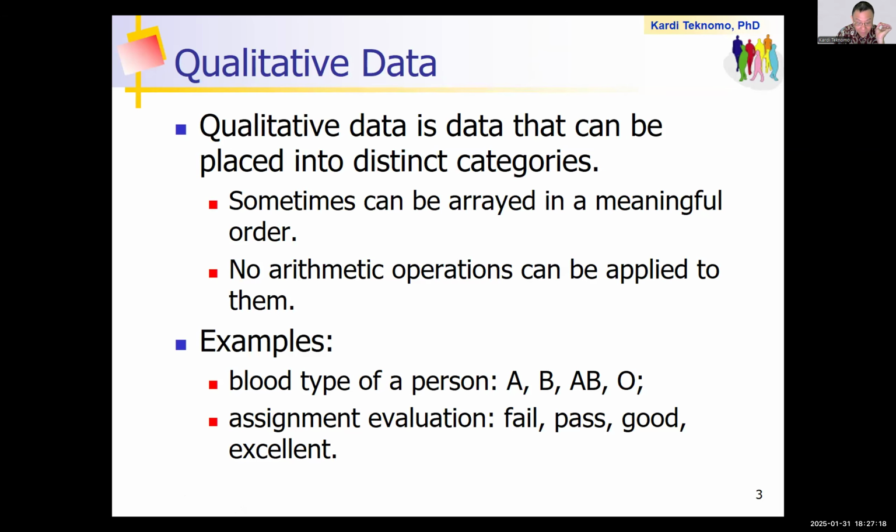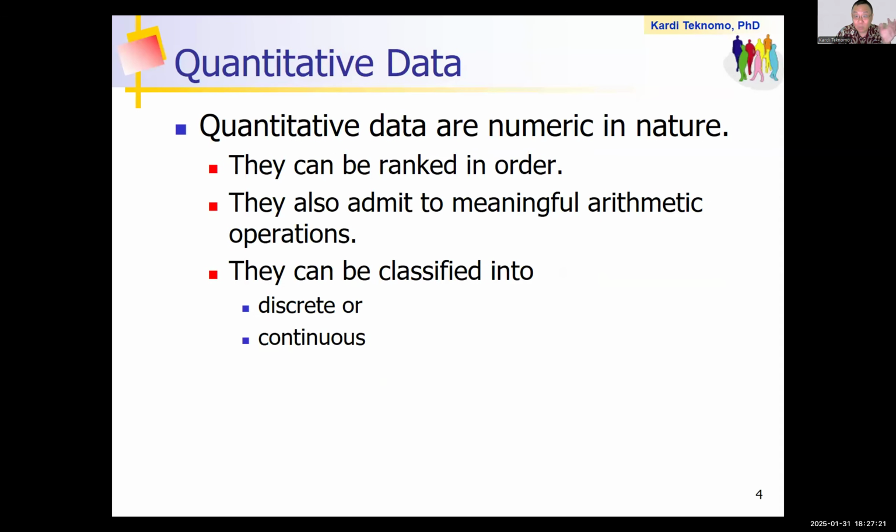The second part is called quantitative data, which is numeric in nature. In this case, there are certain arithmetic operations that you can use. In quantitative data, you can classify into two parts again: discrete or continuous.